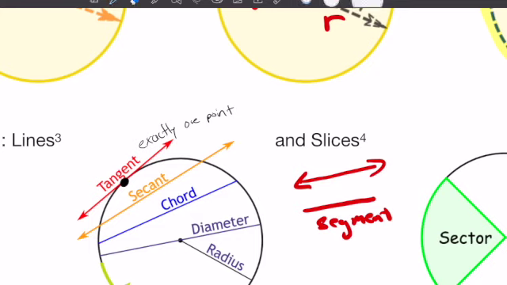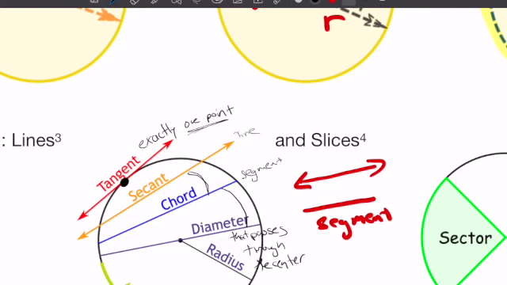A diameter is actually a chord that passes through the center. And a secant would be compared to a chord, in that the secant is the line version, and the chord is the segment version. And the tangent is unique in that it has only 1 point.